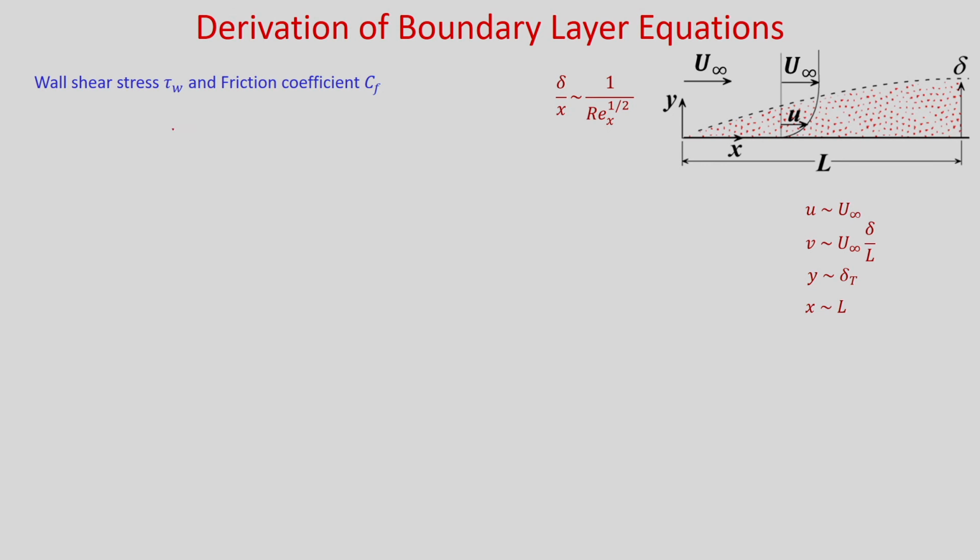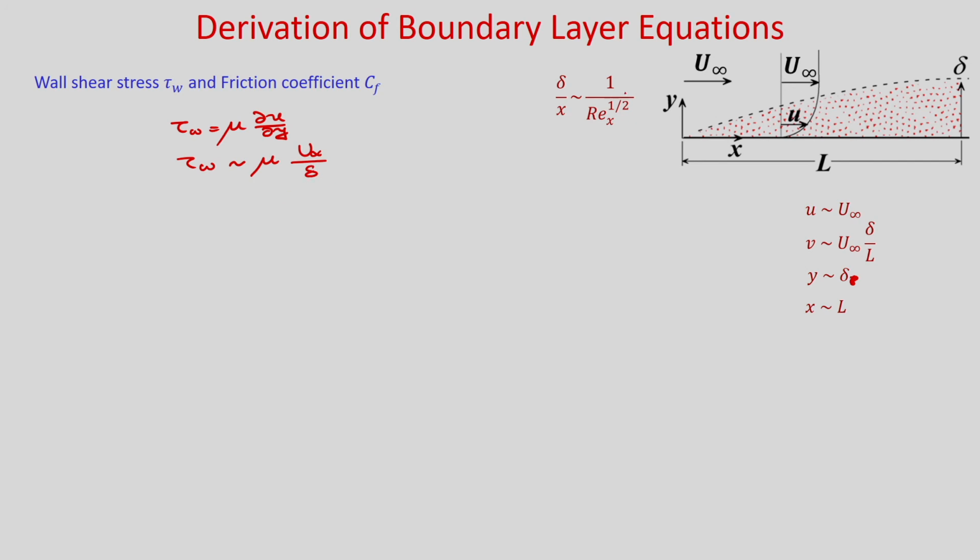Now, we know that for two dimensional flow, wall shear stress tau w is mu del u by del y. So, you can see that tau w will be of the order of mu u infinity by delta, since y scales as delta. Okay.